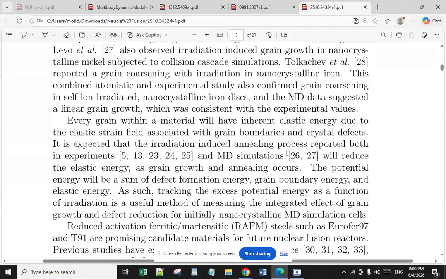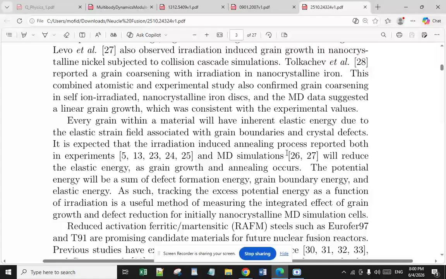Every grain within a material will have inherent elastic energy due to the elastic strain field associated with grain boundaries and crystal defects. It is expected that the radiation-induced annealing process reported both in experiments and MD simulations will reduce the elastic energy as grains grow and annealing occurs.